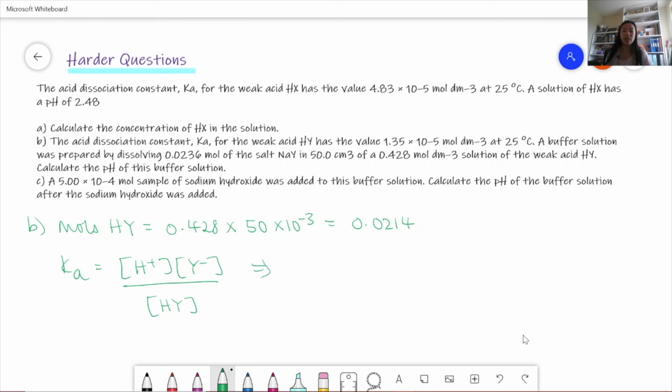And so rearranging this, we can find the concentration of H plus, which is equal to Ka multiplied by the concentration of HY over the concentration of Y minus.